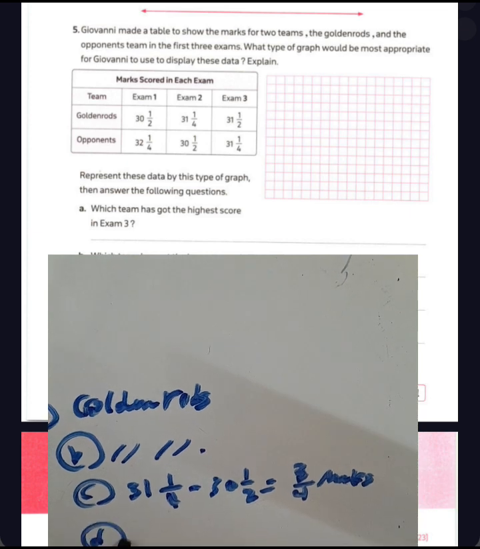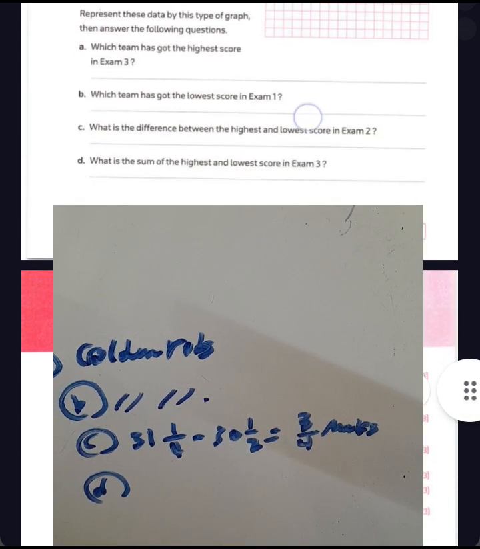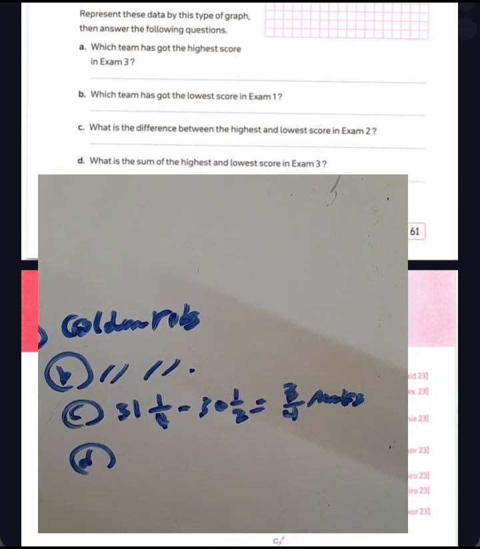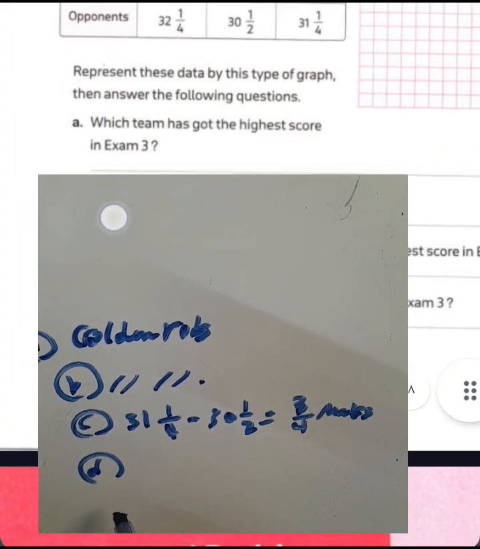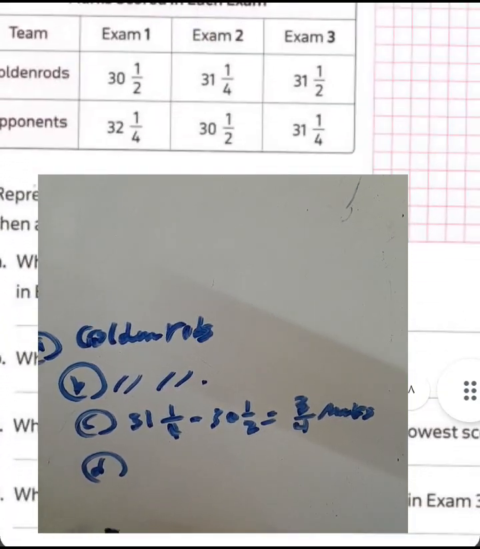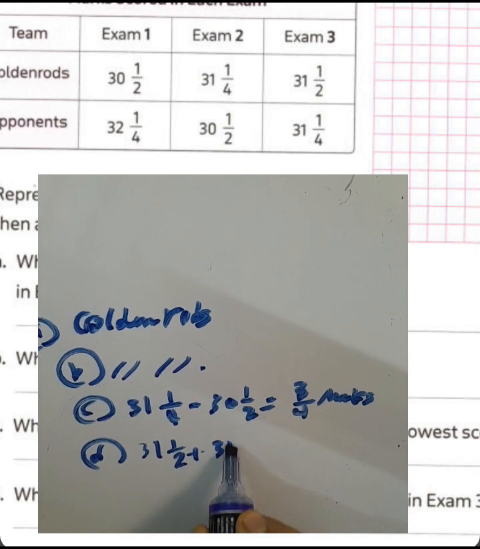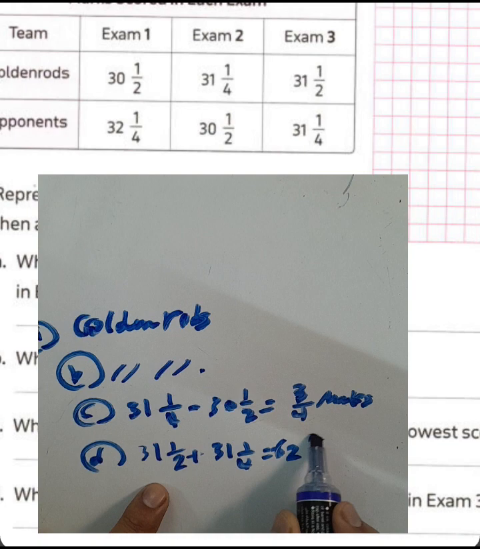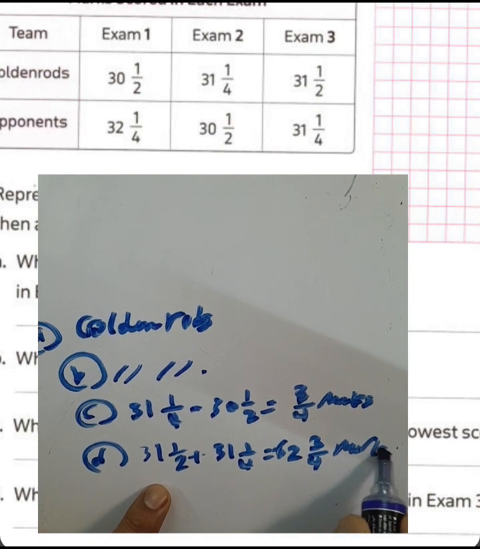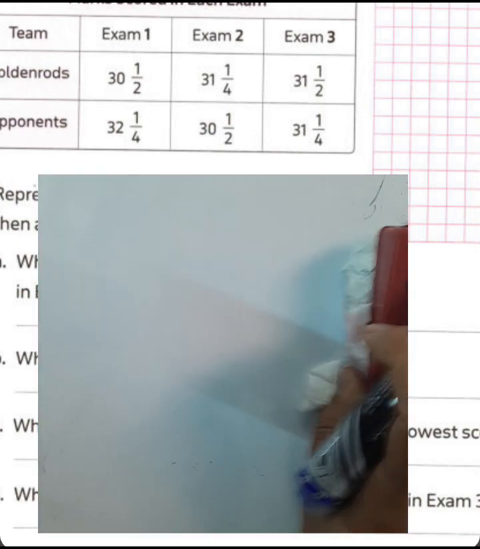Letter D. What is the sum of the highest and the lowest in exam 3? Exam 3, we can add them. 31 and half plus 31 and fourth. We can write 62 and 3/4 marks. Okay.